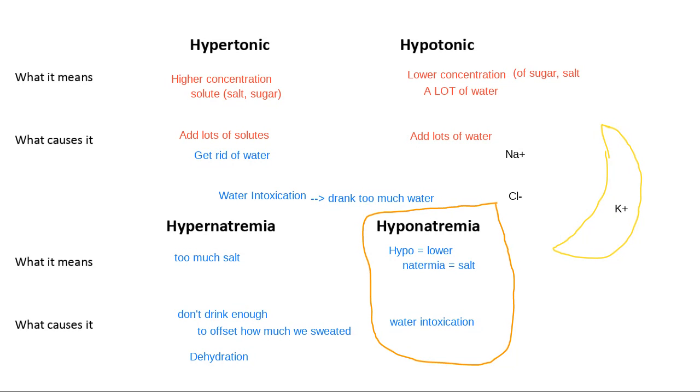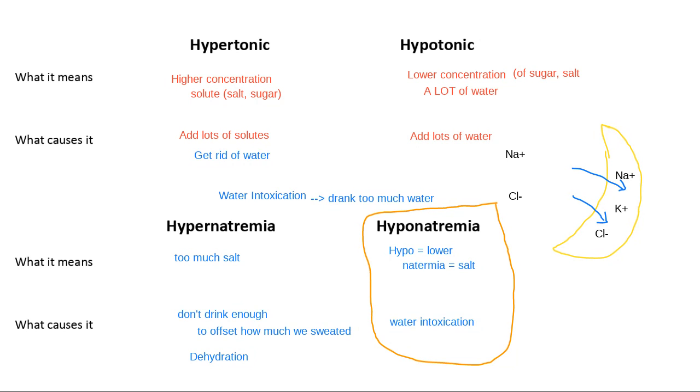If that salt moves away, suddenly the salt that I have on the inside looks like it's a lot more concentrated. And if it looks like there's more salt on the inside, because I diluted all of this stuff out here, if that's the case, water is going to rush inside my cells.